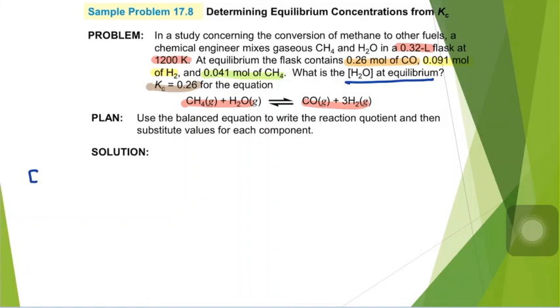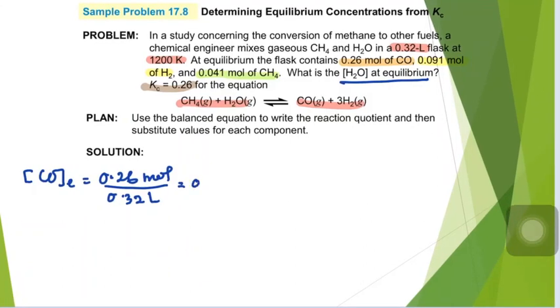The concentration of CO at the equilibrium is equal to 0.26 mole divided by the volume of the container, 0.32 liter, which is equal to 0.81 molar.